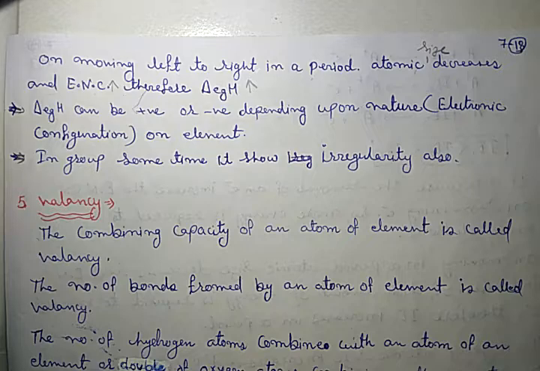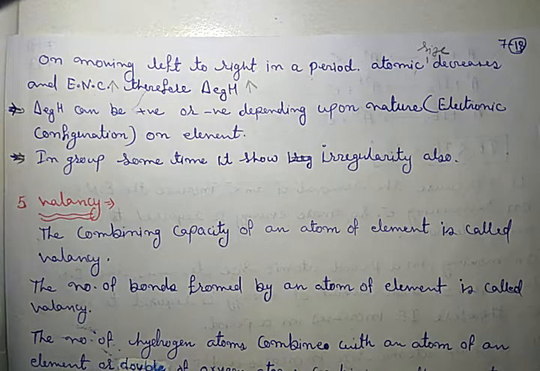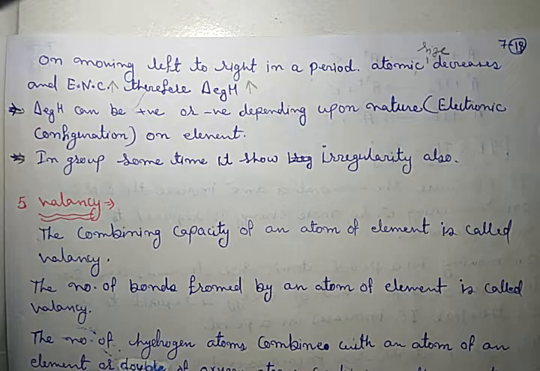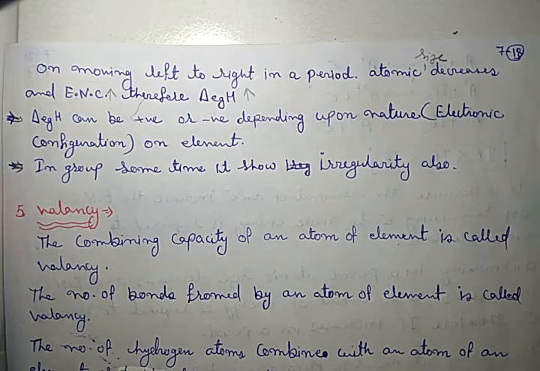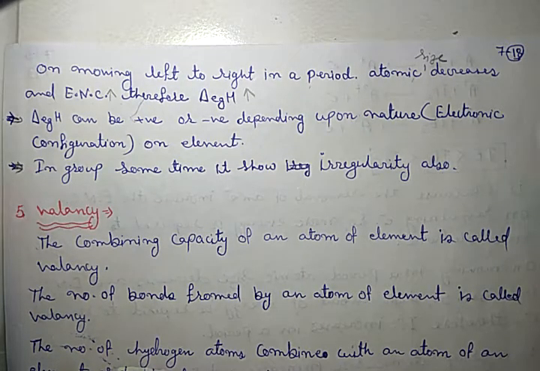Now let me discuss something about it. Suppose you are an atom and stability means 8 electrons, because in class 9th we discussed that all the elements want stability, and the stability is related to 8 electrons in the outermost shell.